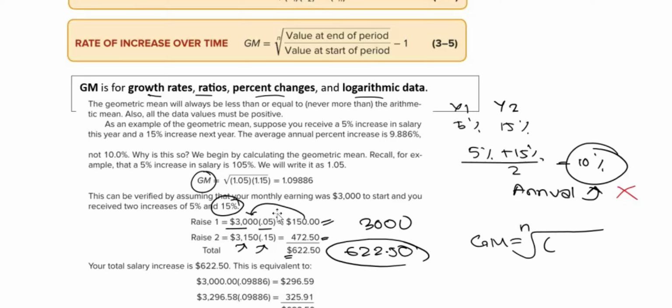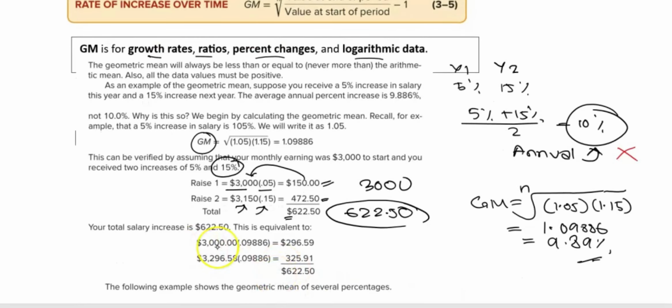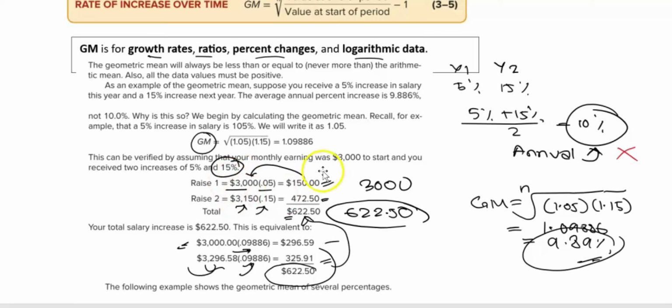So it was 1.05 for the first year and 1.15 for the second year, it came into 1.09886. তার মানে it's a change of 9.89%. এখন if we do that, 3000 এ এই চেঞ্জটা ফার্স্ট ইয়ার অ্যাড করে আবার সেম rate of change second year, we get the actual change which matches this value, যে চেঞ্জটা কত হয়েছে। তাহলে হ্যাঁ.